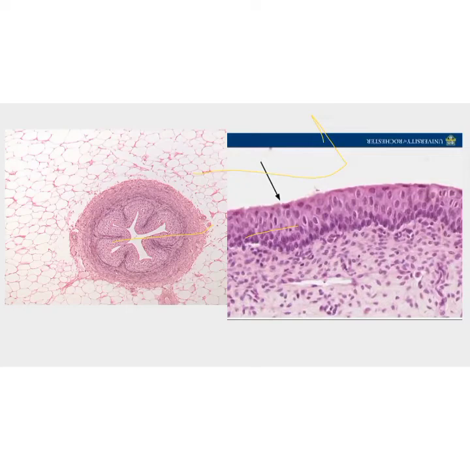The next layer is the muscularis, which is very thick in the case of the urinary bladder. See the muscularis, how thick it is. This is the thick muscularis of the ureter.